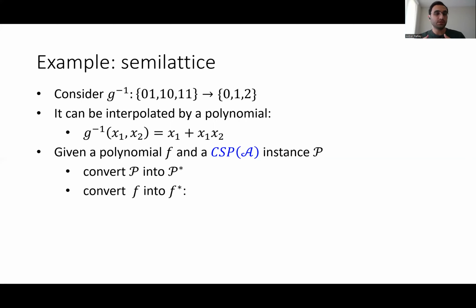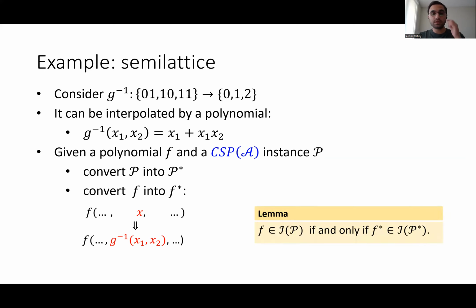One, we convert P into P star, and then we convert F into F star. How do we convert F? We replace every variable X in the polynomial with G inverse of X1 and X2. This way, we can prove that F belongs to the ideal of P if and only if F star belongs to the ideal of P star.